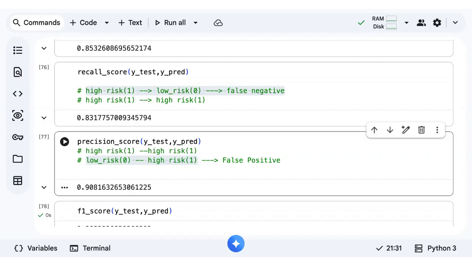Clear? Okay. So there is one more: AUC and ROC curves.